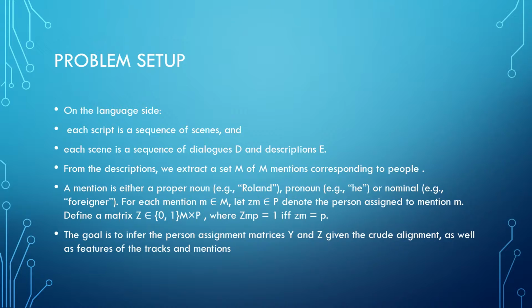For each mention m, which is an element of M, let Z_m be an element of P, the person assigned to mention m, and then define a matrix Z, which is an element of {0,1}^(M×P), where Z_mp equals 1 if Z_m equals p. The goal is to infer the person assignment matrices Y and Z given the crude alignment as well as features of the tracks and mentions.